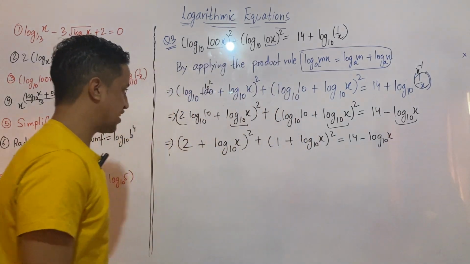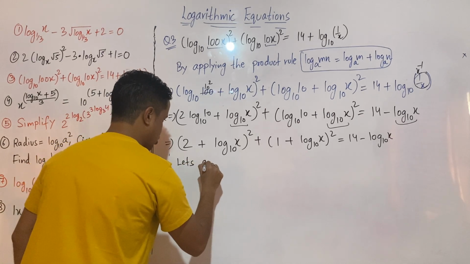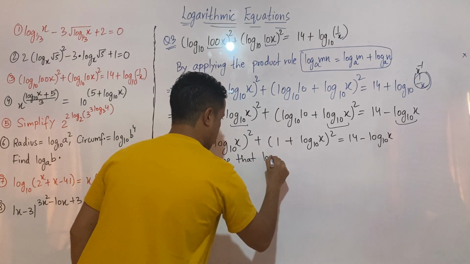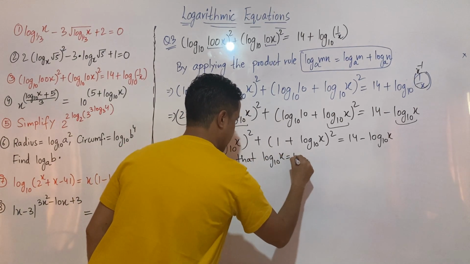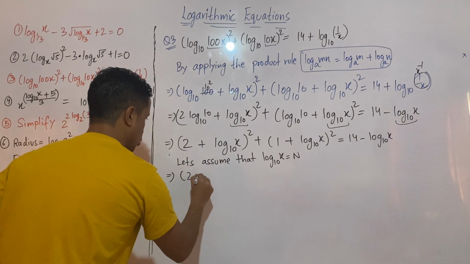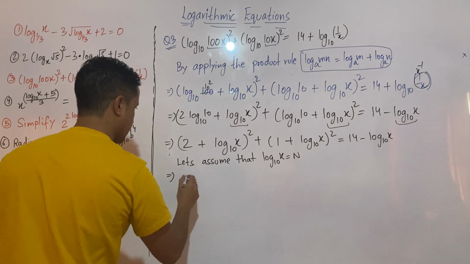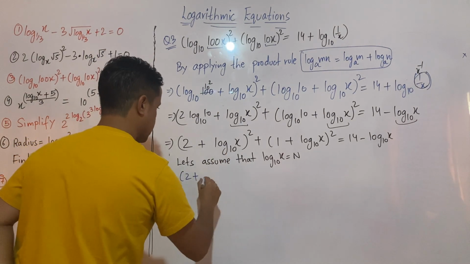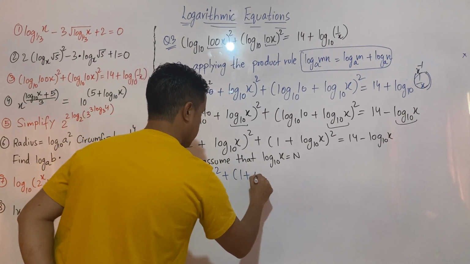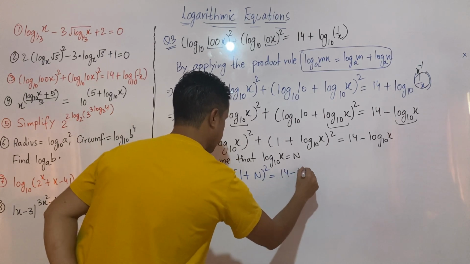Now let's assume that log x to the base 10 is n. Okay, so it's going to be 2 plus n whole square plus 1 plus n whole square equal to 14 minus n.